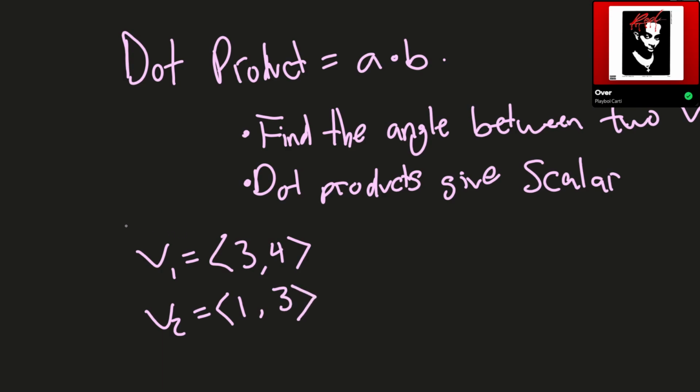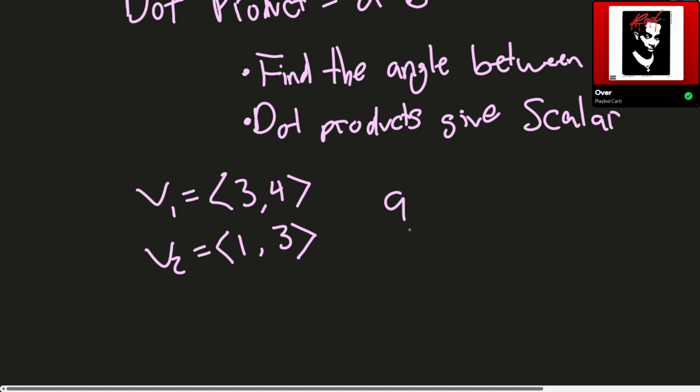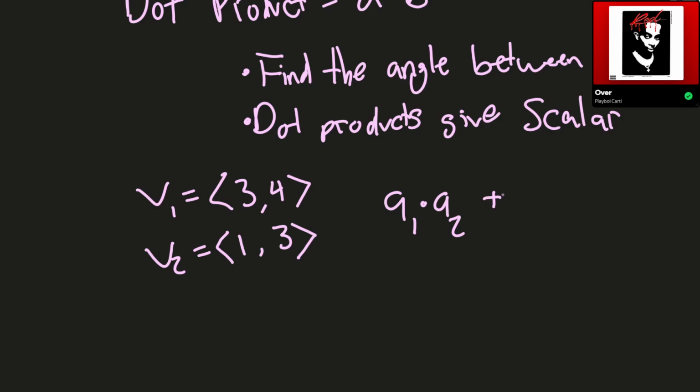So to find the dot product, we can simply do A1 times A2 plus B2 times B1, and then if there were a Z variable, you do C1 times C2, and you'd add that all together.